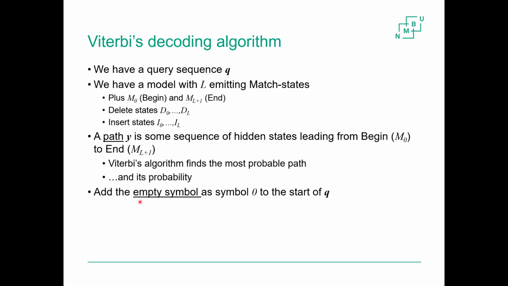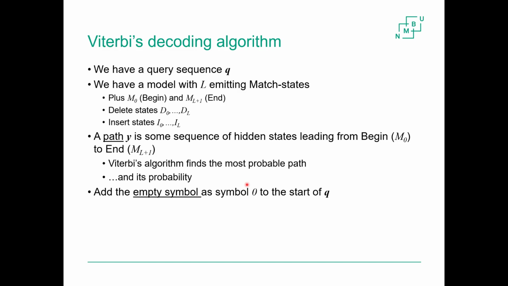In order to do these computations, we start with a trick. We add an empty symbol at the start of our query sequence. A symbol number 0, you could say. And if you remember back to BIN310 or an introductory course in bioinformatics, where we looked at dynamic programming algorithms like the Smith-Waterman algorithm or the Needleman-Wunsch algorithm for how we can align two sequences, then we also did a similar trick.